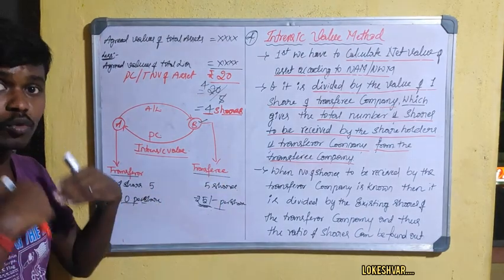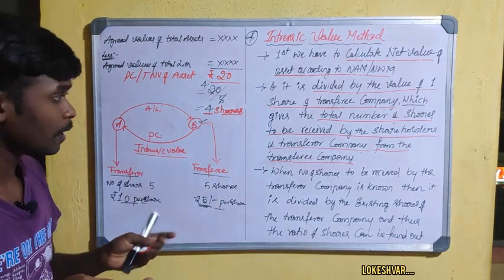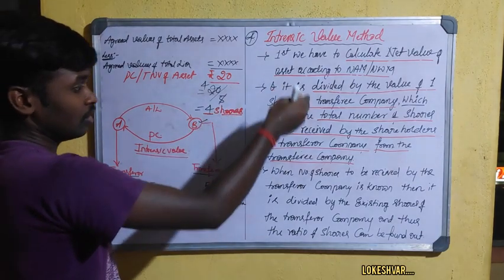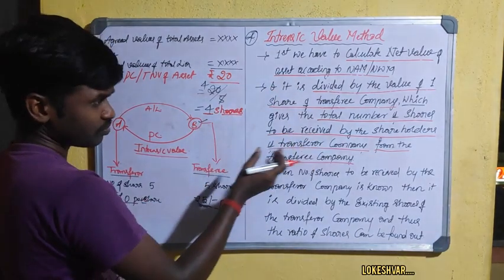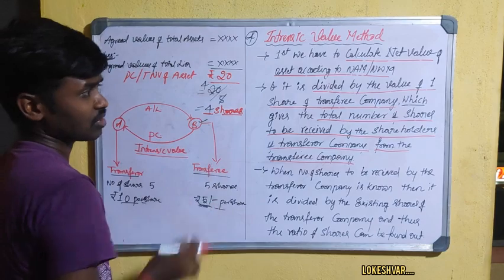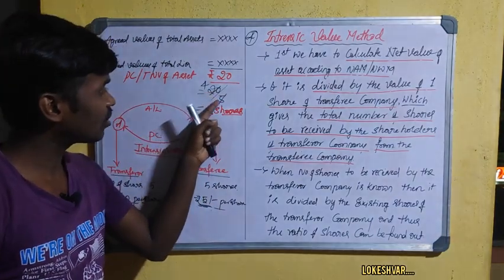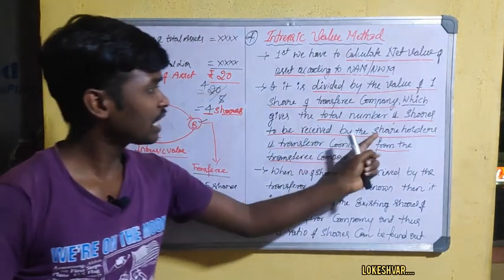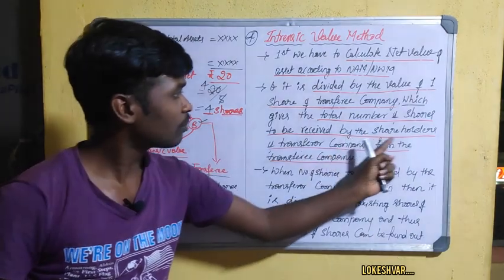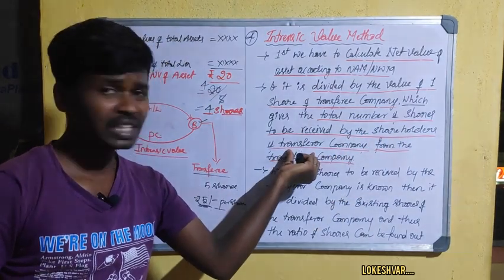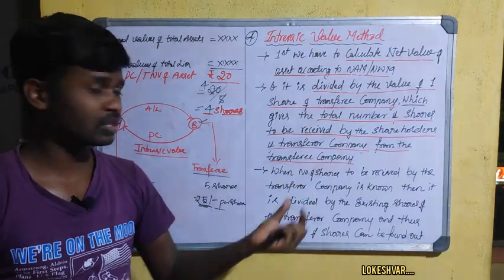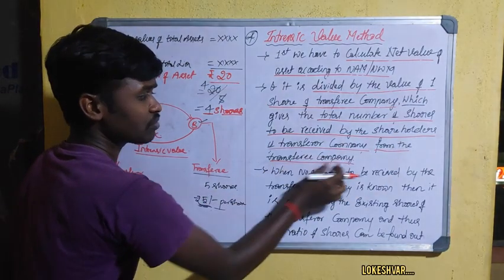That's it. It will not pay any cash. After finding out the number of shares, this calculation is ultimately helpful to calculate the total number of shares received by the transferor company shareholders, that is paid by the transferee company.